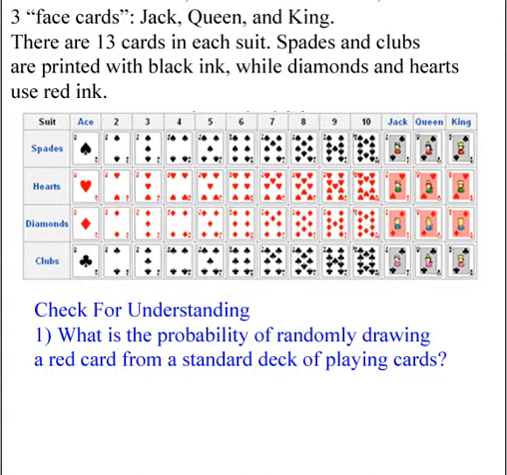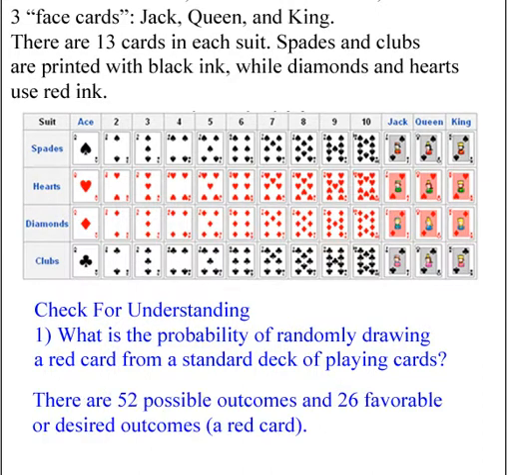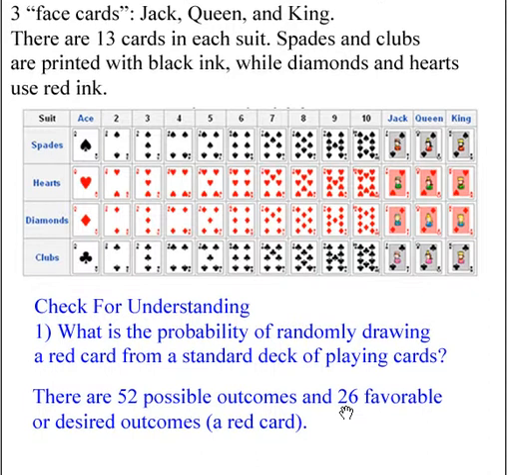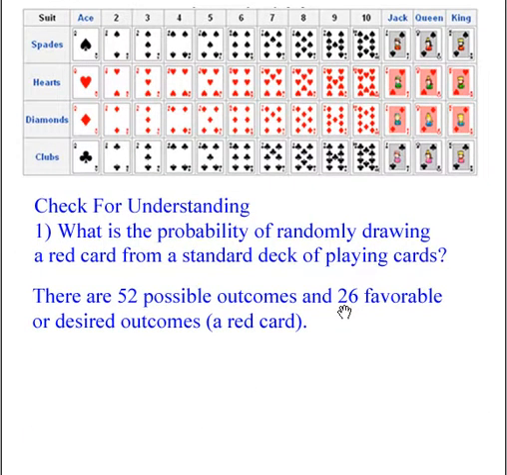So we've got 13 red diamonds, 13 red hearts. So there are 26 red cards in the deck. And that's what our favorable outcome here is, to get a red card from the deck. 26 out of 52 will reduce to a 1 out of 2 chance. As a decimal, that's 0.5. And as a percent, that's 50%.